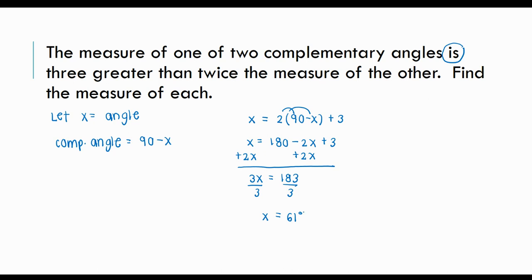So I know that I've got a 61-degree angle. And now I have to find the other. So the complement, remember, then would be 90 minus 61. So that means that 90 minus 61 is going to give us 29. So I know that the measures of each, I've got a 61-degree angle and a 29-degree angle. And there are my answers.